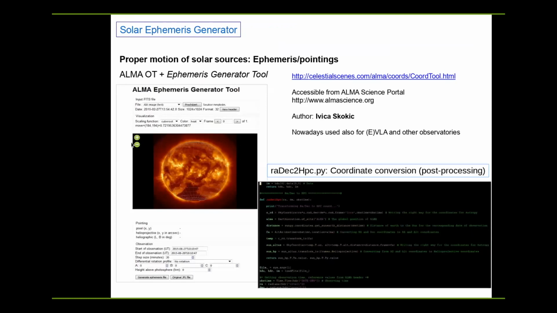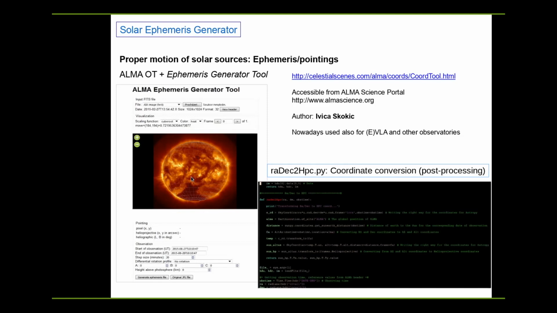This ephemeris, of course, you have to have some prediction of where, for example, this bright feature at the sun will be the day after tomorrow, because as a contact support scientist, I'm in touch with the astronomer on duty, and in the scheduling I know that in 2 days the observation takes part. And so we have to communicate with the PI, and we have to submit together ephemeris and check whether it works.